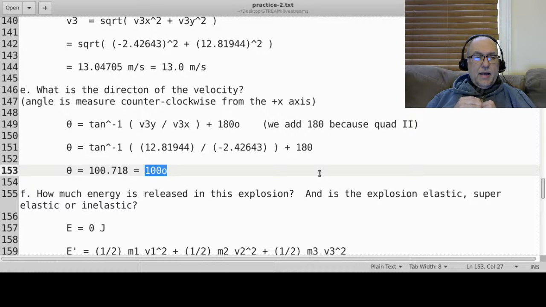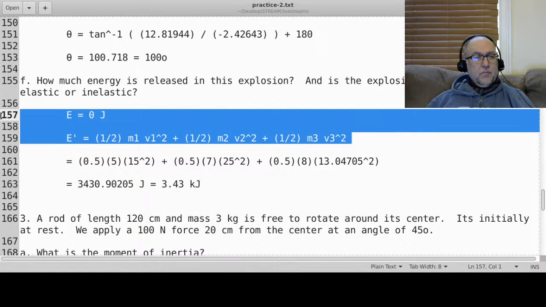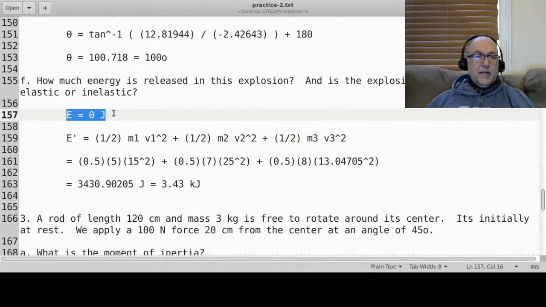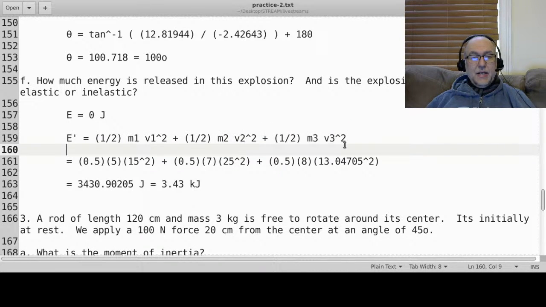And just for good measure, I hope I'm not going too fast because this is kind of a repeat, but if you work out how much energy is released, energy before is 0, and energy after has the same functional form, the only difference being that v3 is a different number. v1 is still 15.